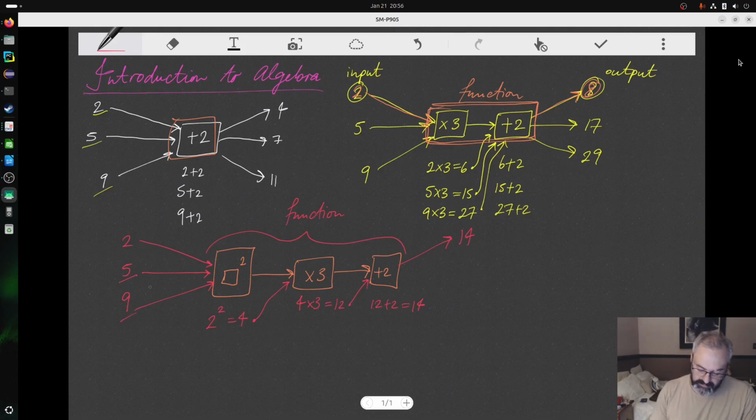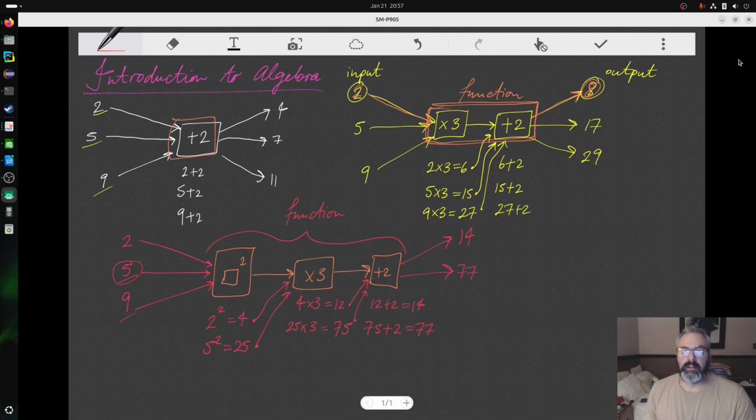If we feed 5 into my function, the first step will be 5 squared, and that's going to be 25. Then we take 25 and multiply it by 3, and that's going to be 75. Finally, we take it into the final step, and we add 2, and 75 plus 2 will be 77. So when we feed 5 into my function, the output will be 77.